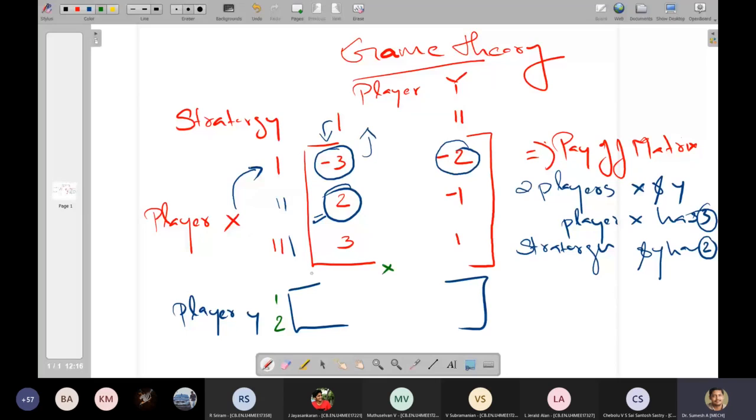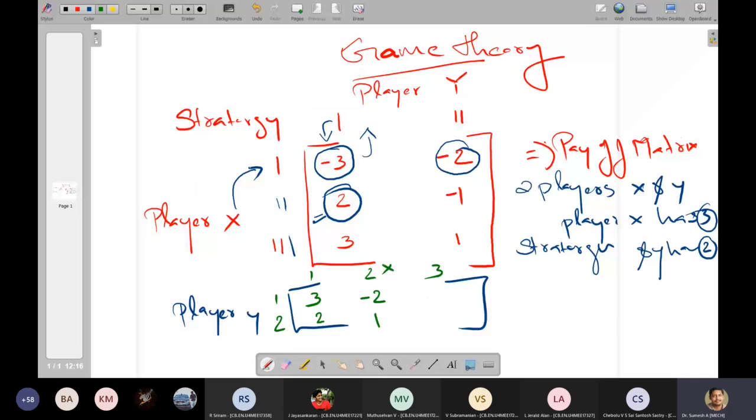Since -3 here becomes +3 here, -2 becomes 2, 2 becomes -2, -1 becomes 1, 3 becomes -3, and the 2 and 3 combination gives -1.